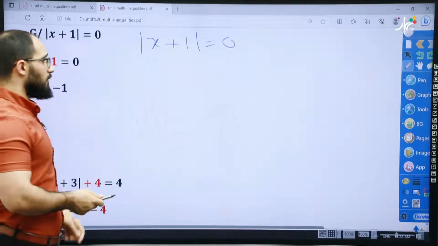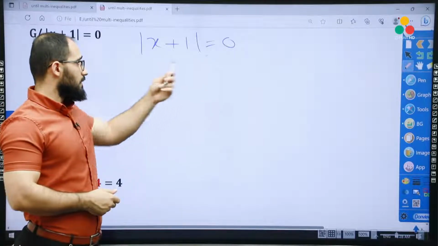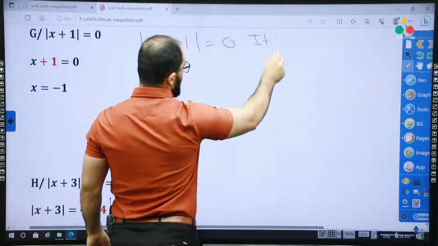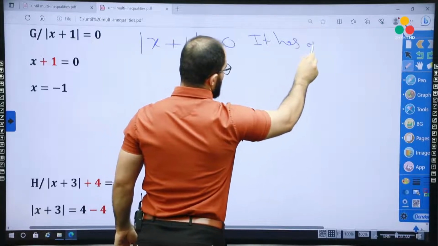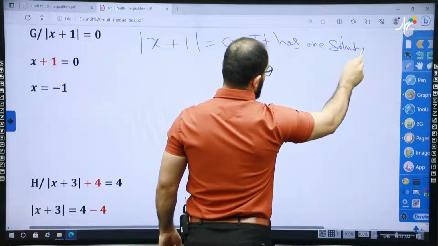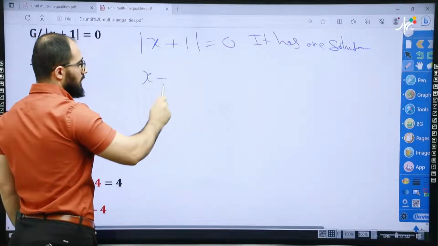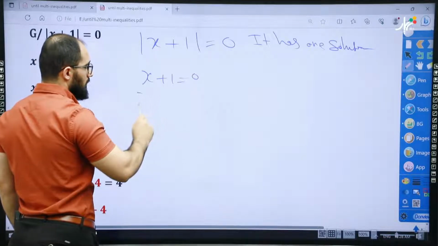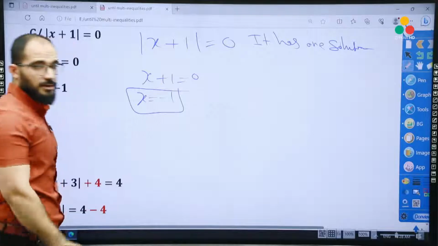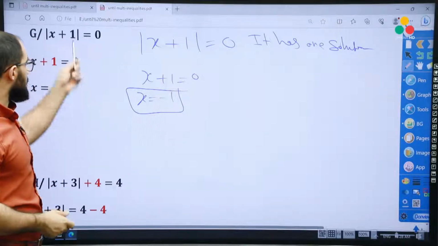If you remember, we said that if the absolute value is equal to 0, it has one solution. So we have only x plus 1 is equal to 0, so x is equal to negative 1. This is the only solution for example G, because it's equal to 0.